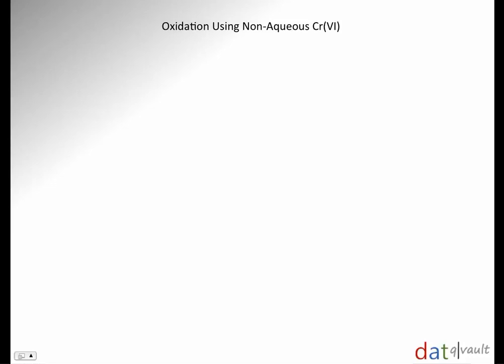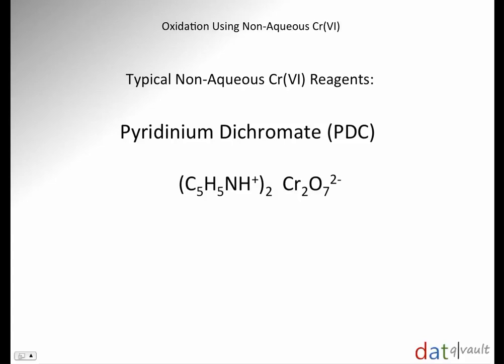All right, so oxidation can also be done using non-aqueous chromium-6 reagents. Very typical non-aqueous chromium-6 reagents include pyridinium dichromate, which is this guy right here. This is commonly abbreviated as PDC.